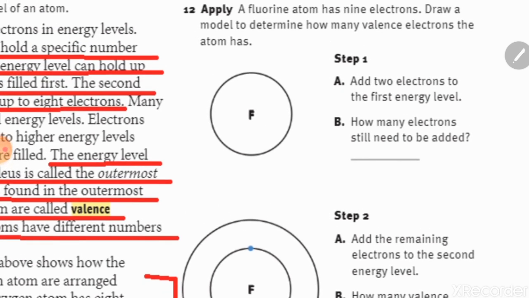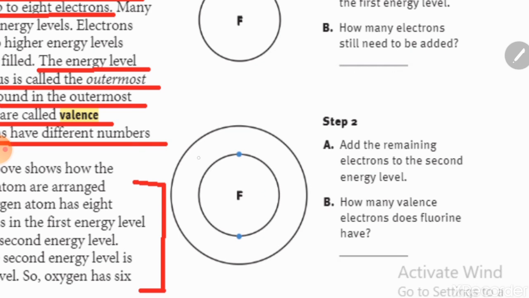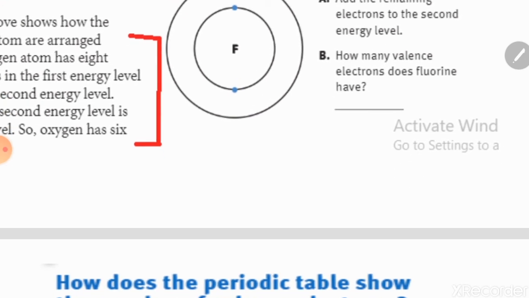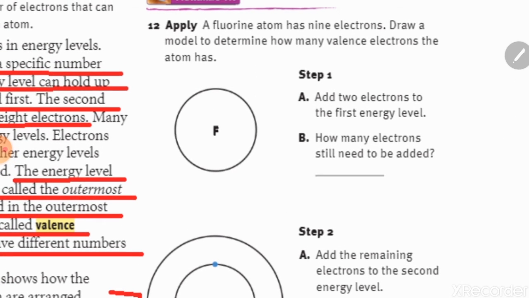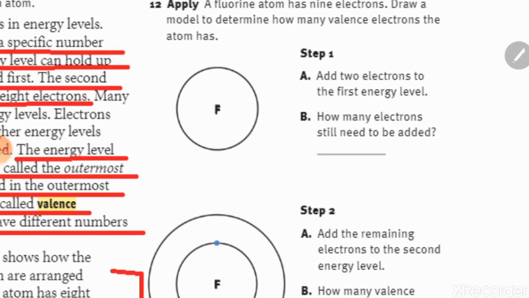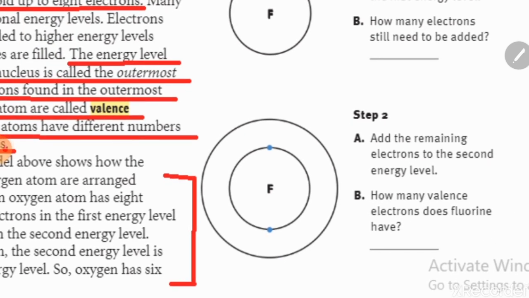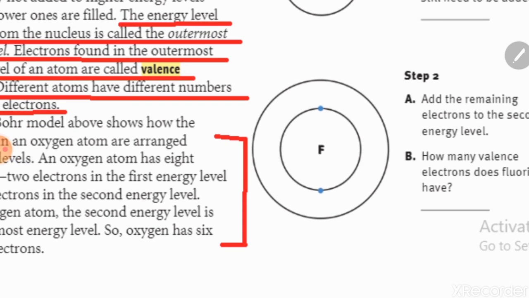If it has 9, as you see here in step 2, it has 2 energy levels. Distribute the rest of the electrons to finish the fluorine. Then inshallah next time I will do it with you to find how many valence electrons fluorine has. That's everything for today.